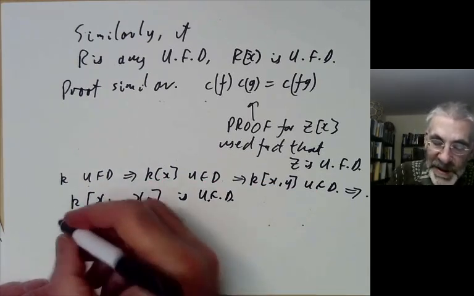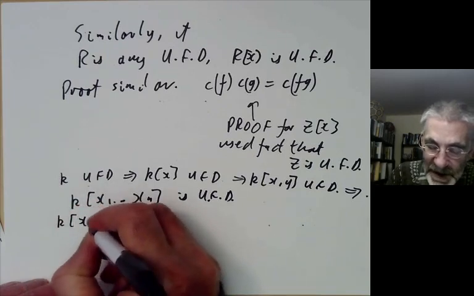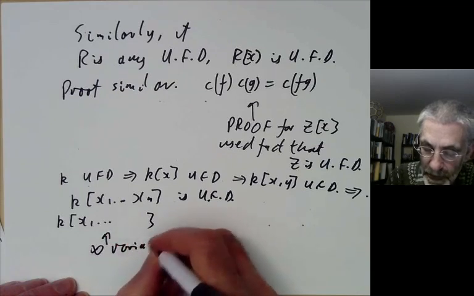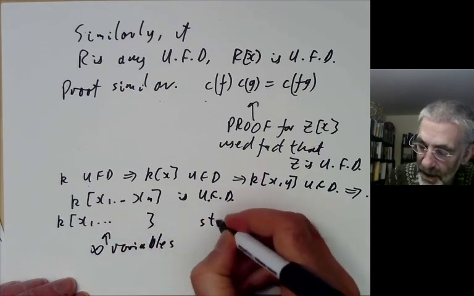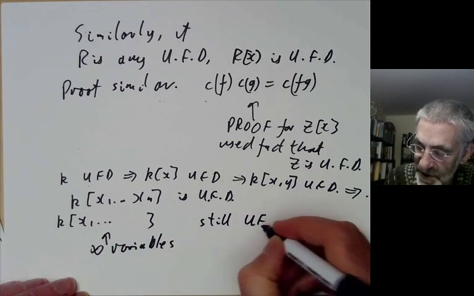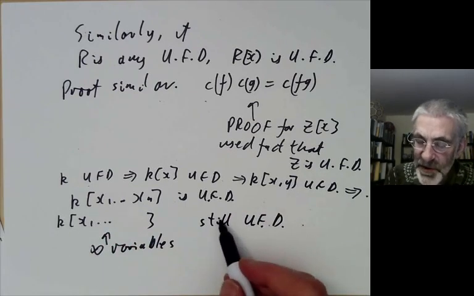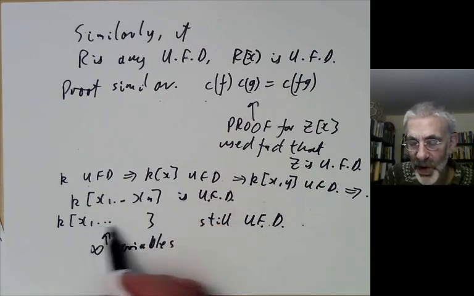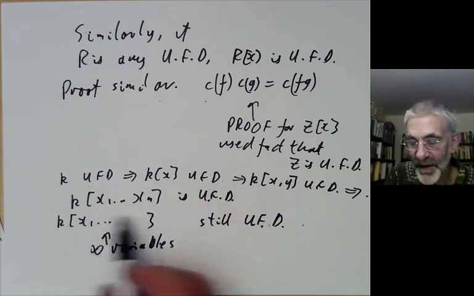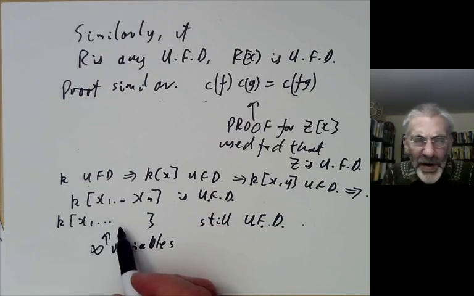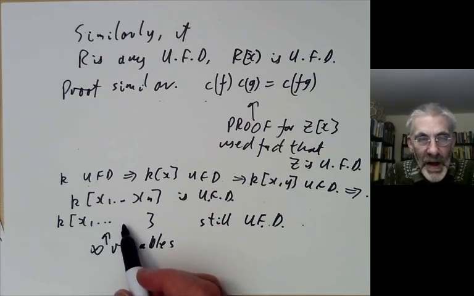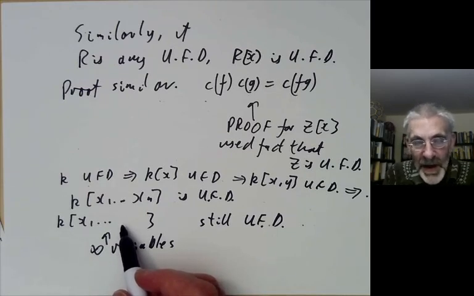If you want, you can push this even further. We can take polynomials in an infinite number of variables, and this is still a unique factorization domain. And this is easy to reduce to the case of polynomials in a finite number of variables, because any polynomial in an infinite number of variables only involves a finite number of variables, and any factorization only uses those same finite number of variables.